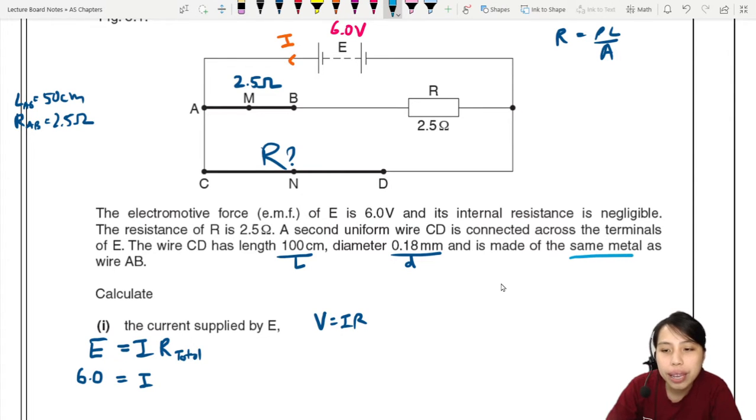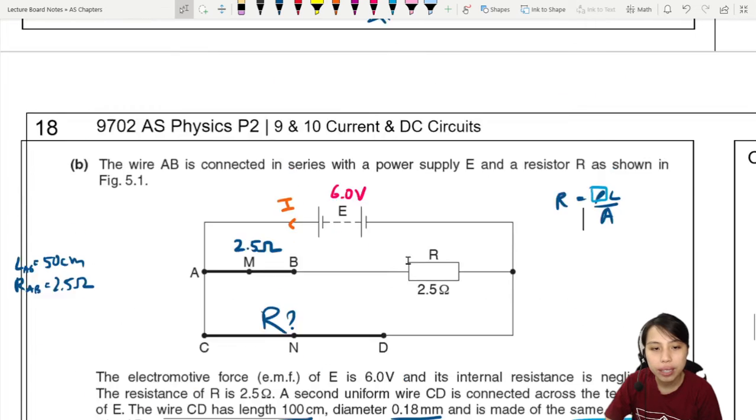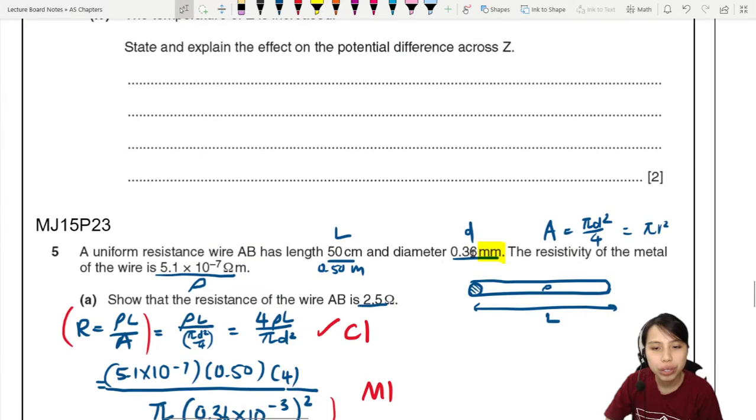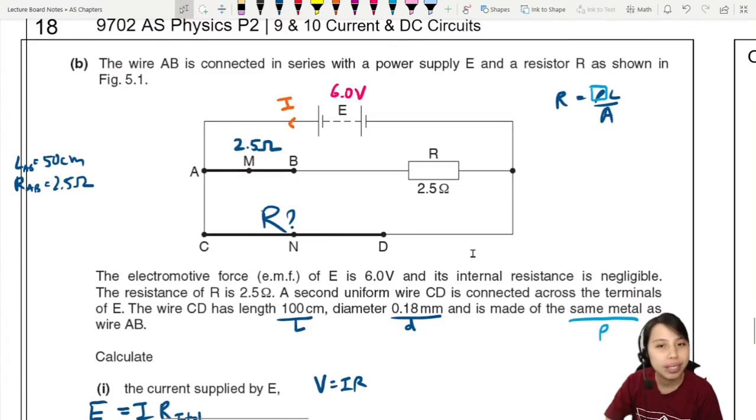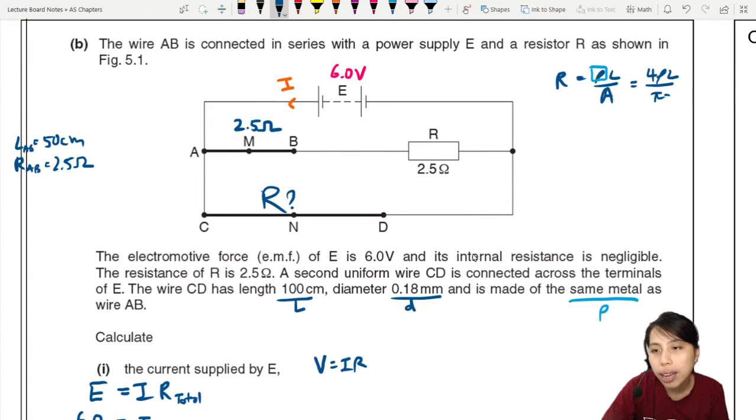They're made of the same metal, so rho didn't change. The length becomes longer. The diameter 0.18, compared to 0.36, did change. So we can't say much more other than 4 rho L over pi d squared. The only constants here are 4, rho and pi.